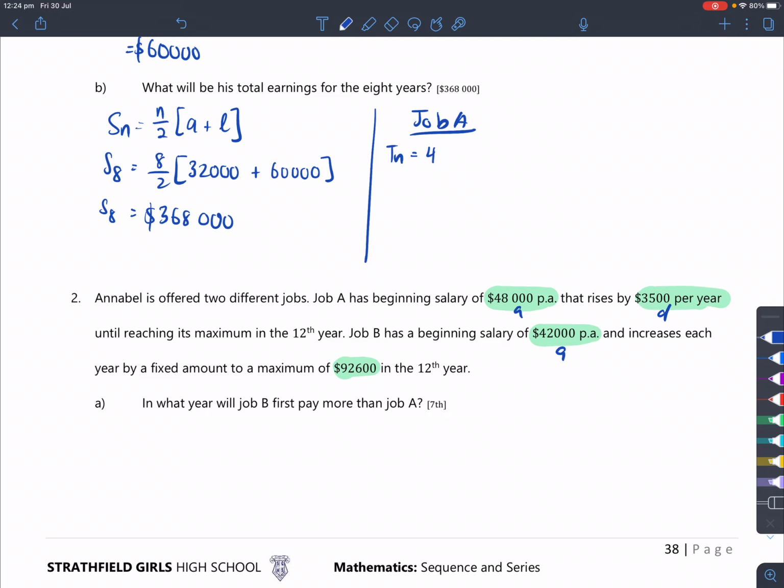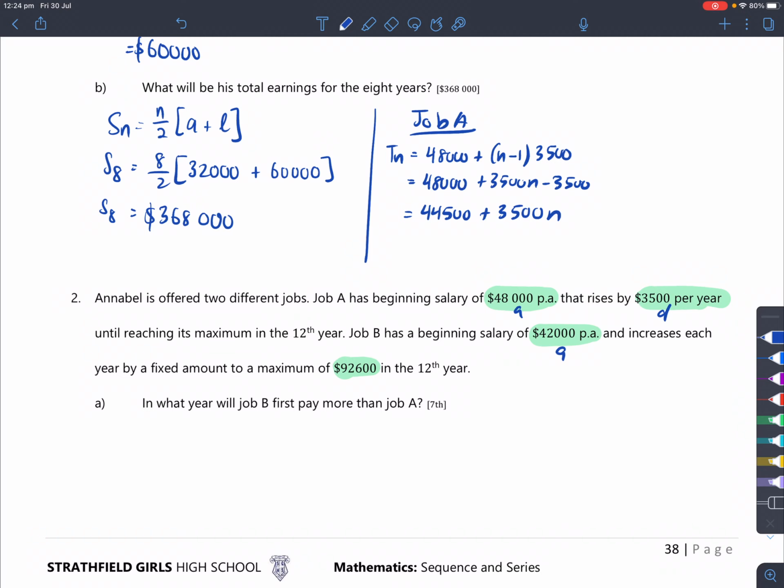So that's $48,000 plus (n minus 1) times d, which is 3,500. Now I'm going to expand that, and that gives me 48,000 plus 3,500n minus 3,500, which simplifies to 44,500 plus 3,500n.